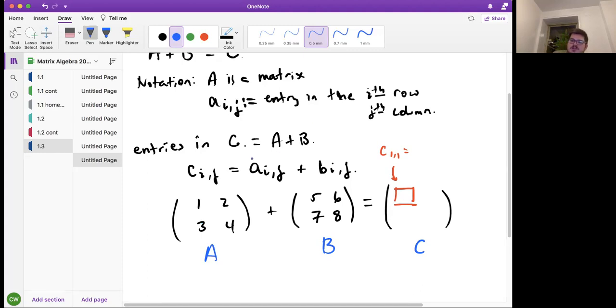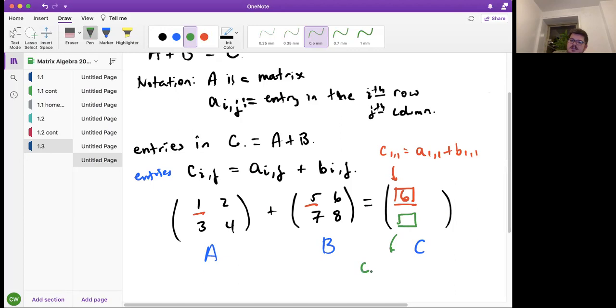So remember, these are entries. Yeah, the answer is 6. So for the C11 entry, you take A11 plus B11. So that's 1 plus 5 is equal to 6. Okay, what would this entry be?